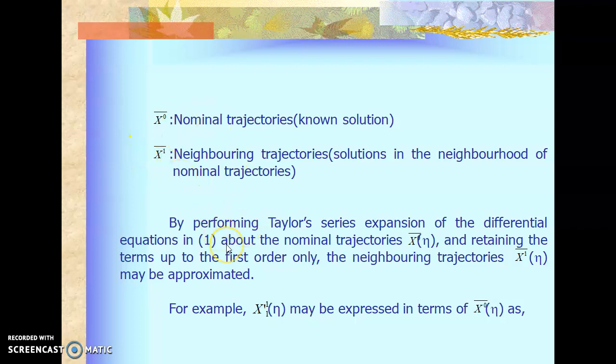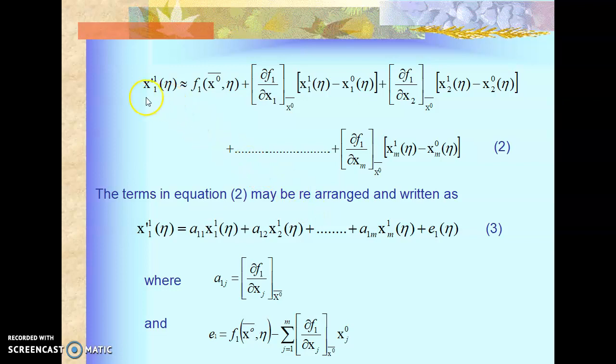Now we have to apply Taylor series expansion to the differential equations to convert them into linear ones. This is how we apply the Taylor series expansion, and then the equation is converted to equation number 3. Clearly, this is a linear differential equation.